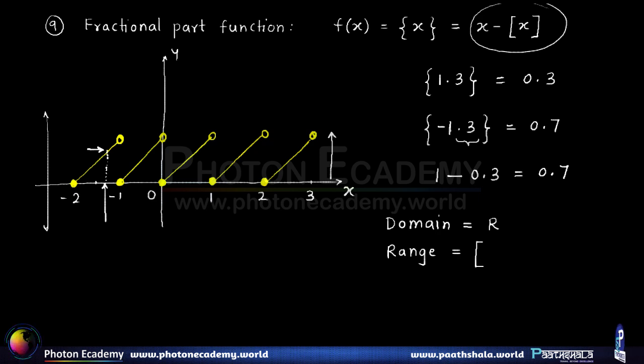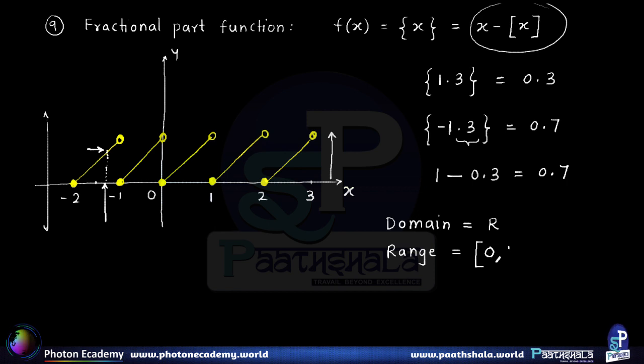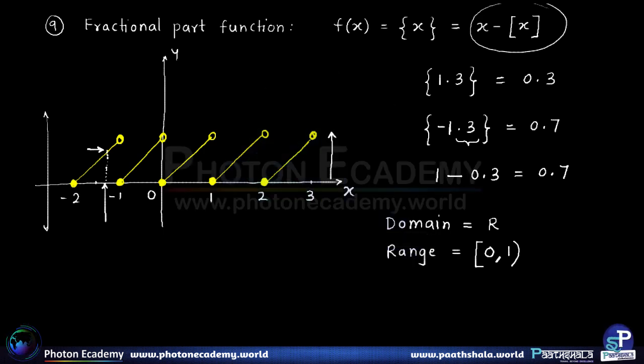So that means we have this kind of semi-closed or semi-open interval, that is 0 is included but 1 is not included, and of course all the numbers between 0 and 1 are included. So that is the range of this fractional part function.